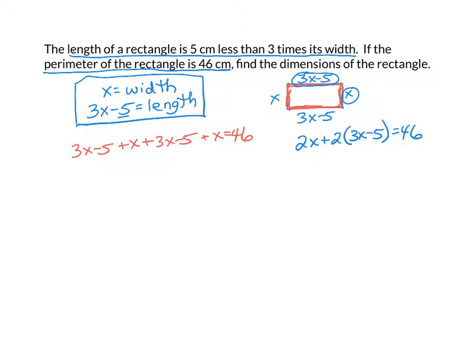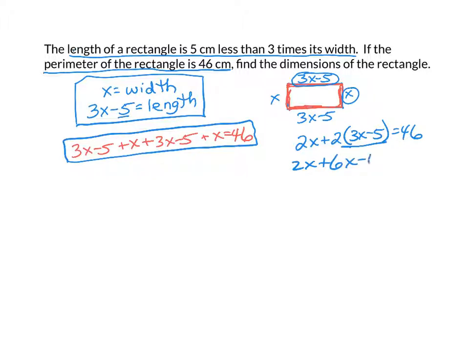Now, if I simplify this, I'm going to end up with the same thing, because the very first thing I'm going to do is get rid of these parentheses. I have 2x plus 6x minus 10 is equal to 46.